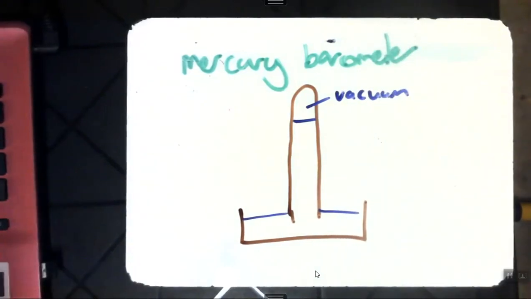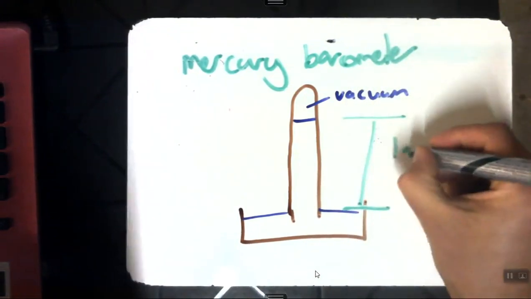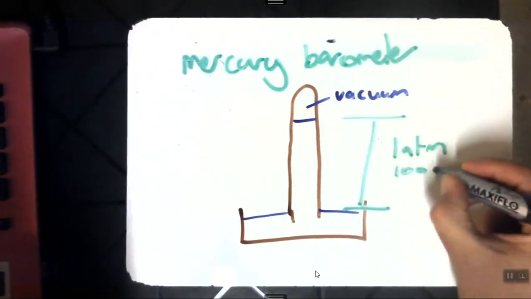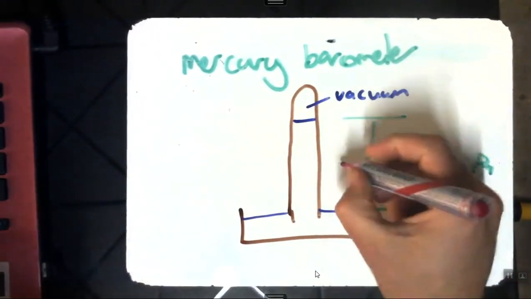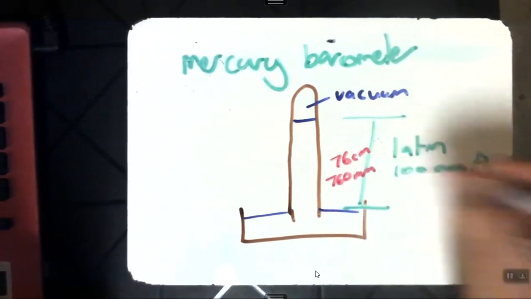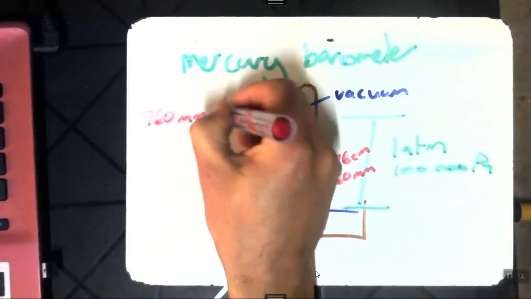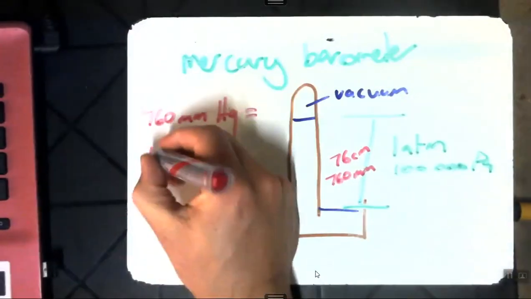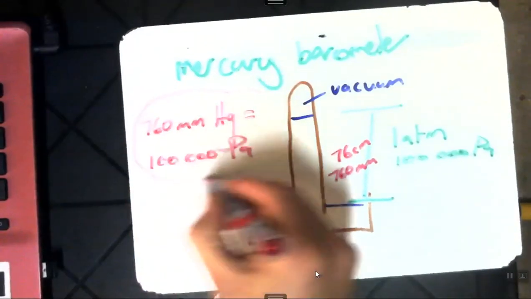What they've discovered is that at atmospheric pressure, 1 atmosphere, which in IGCSE physics we're going to use as 100,000 Pascal, this distance there is 76 centimeters or 760 millimeters, and we call that 760 millimeters of mercury. And that is equal to 100,000 Pascal. Now that becomes an important ratio.